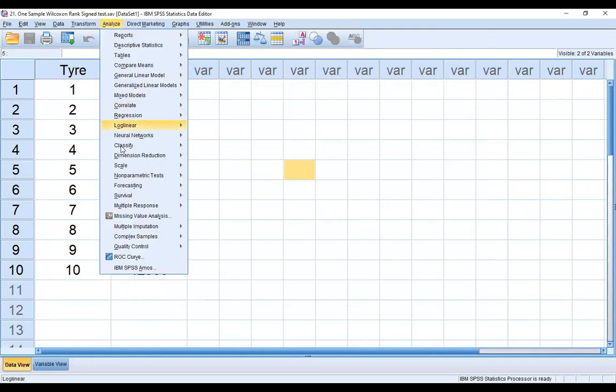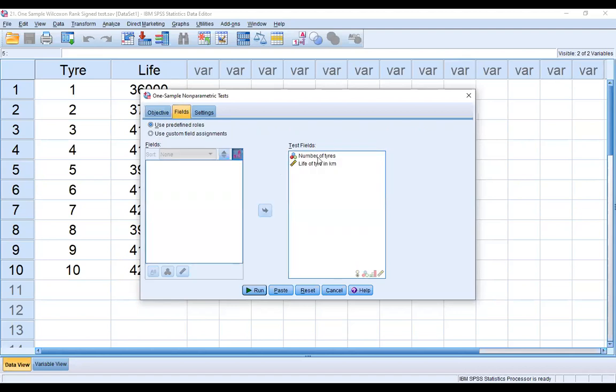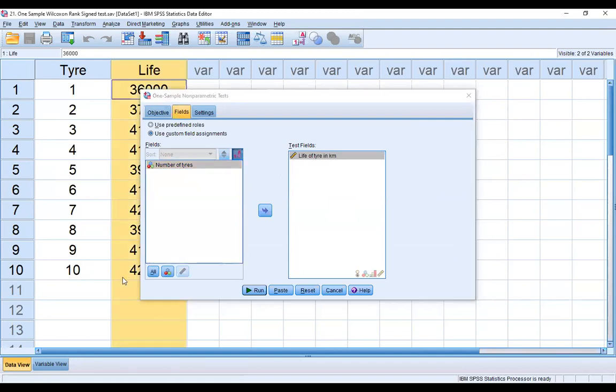Analyze, non-parametric test, one sample, then customize analysis, and then fields. I am ticking fields, not the number of tires, because it's a simple 10 numbers. There is no use of the number of tires like 1, 2, 3, 8. My purpose is to analyze this live data.